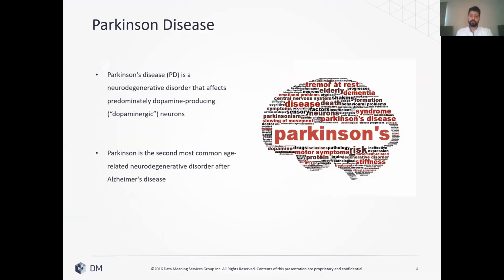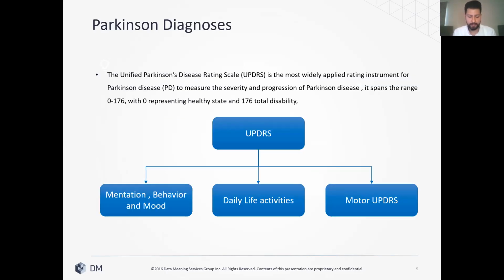Parkinson's disease is a neurodegenerative disorder that affects dopamine production within patients, and it's the second most common age-related disorder after Alzheimer's disease. For diagnosing it, scientists set the Unified Parkinson's Disease Rating Scale, which is the most widely applied rating instrument.